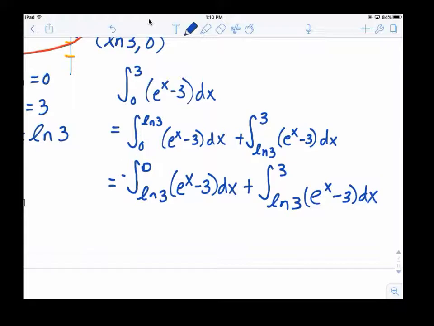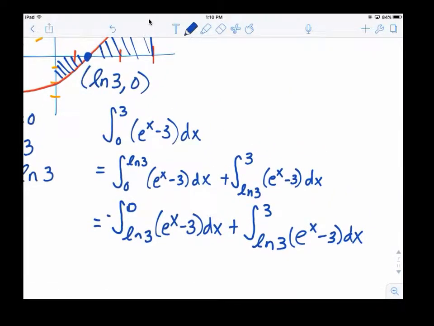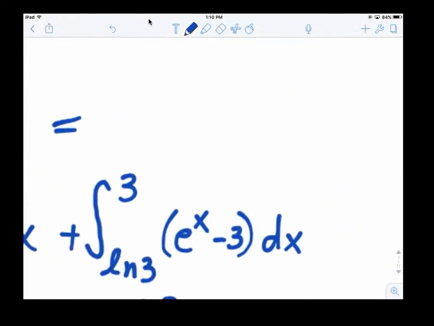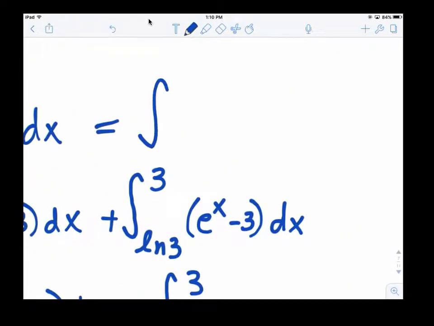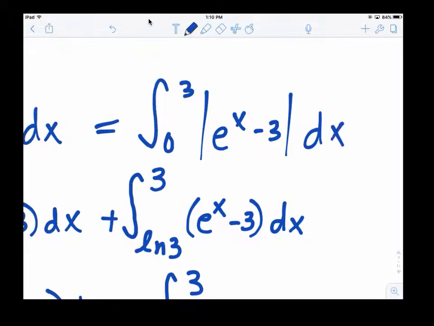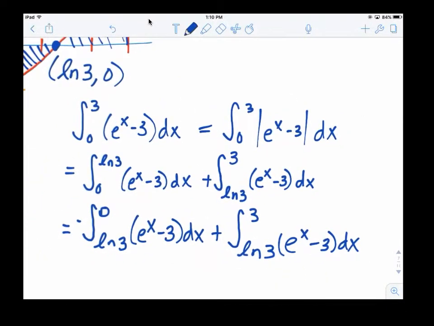Right? So another way that we could do this, even easier if we have a calculator, is we can slap on an absolute value sign, and that will help us figure out the region.